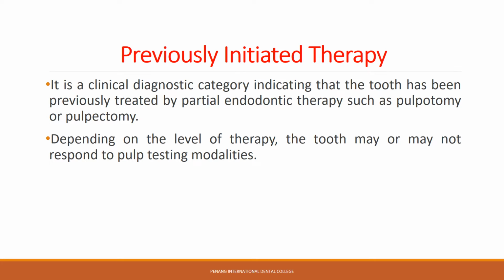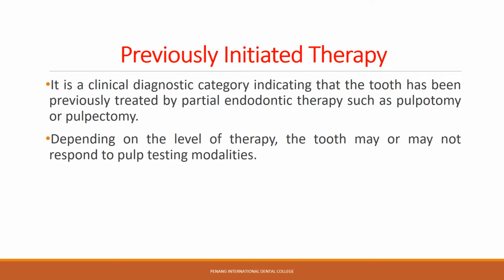If a root canal treatment or any endodontic treatment has been initiated and done partially, like endodontic therapy such as pulpotomy and pulpectomy, and the filling material is not gutta-percha or the canal is not totally obturated, the term used here is previously initiated therapy. So there are two words used to describe the status of the pulp.